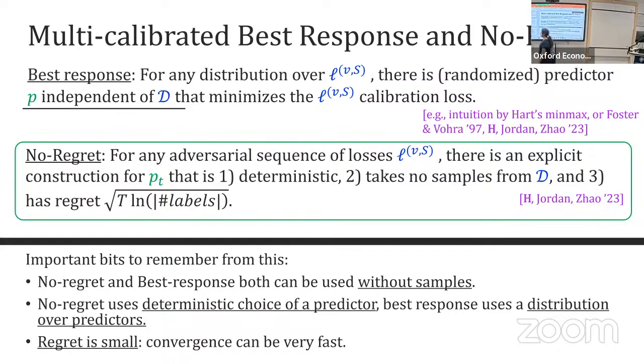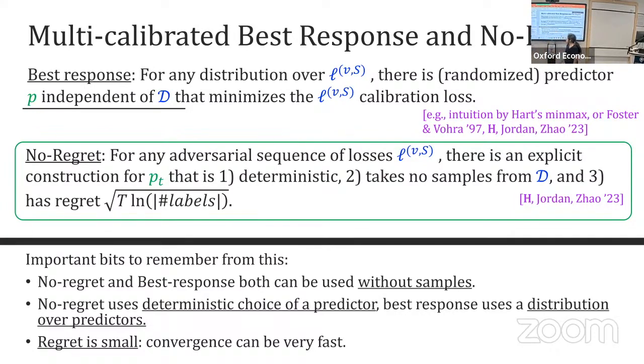But also the no regret happens to have a deterministic choice of predictor per time step, whereas the best response is using a distribution algorithm. And the last thing is that convergence is fast because regret is there.